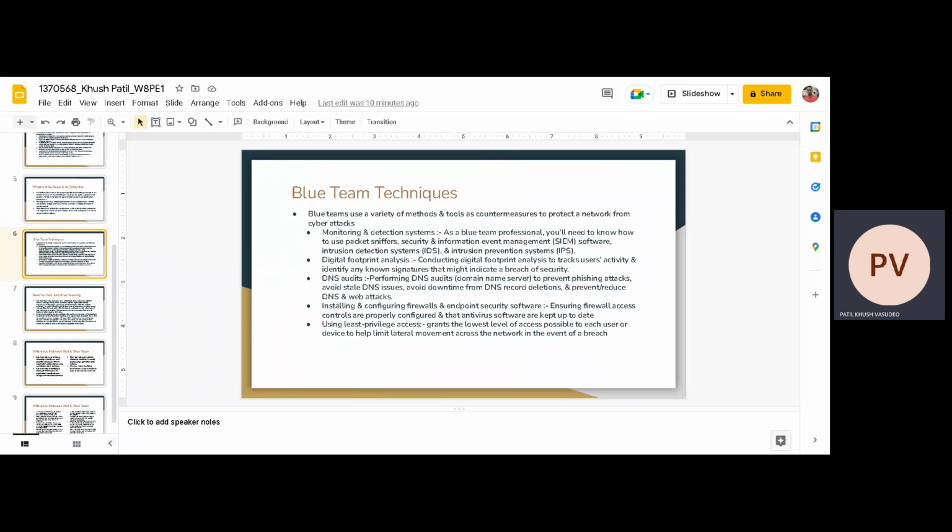And whether it can prevent phishing attacks or web attacks, and also if the DNS records are deleted, the website should remain up to make sure that there is no downtime, and avoid any stale DNS issue.